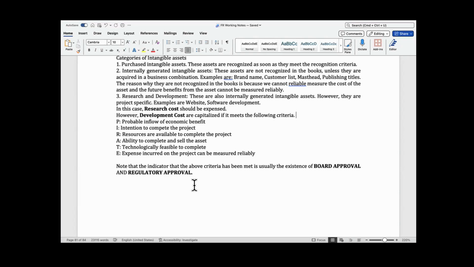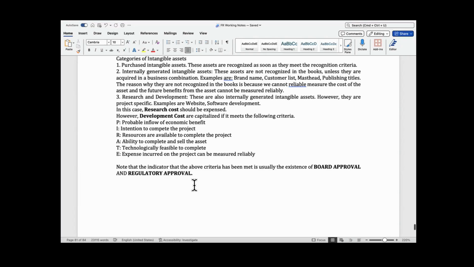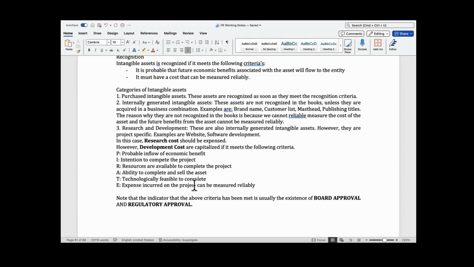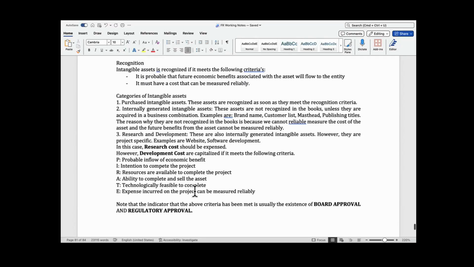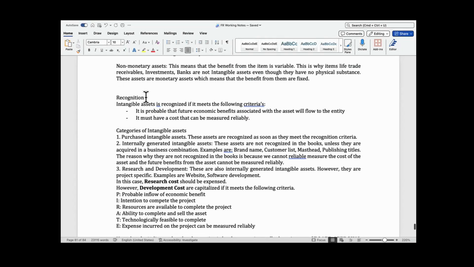Okay, so that's research and development. So these are basically the categories of intangible assets that we have, and how we'll ultimately recognize them in our books. For purchase, very straightforward. They are recognized as soon as you buy them.